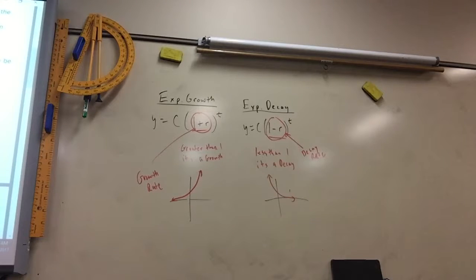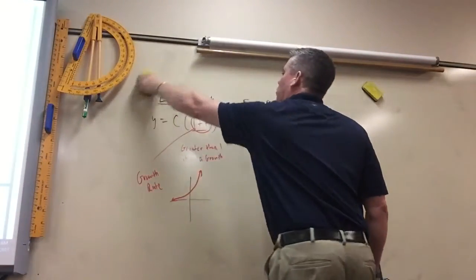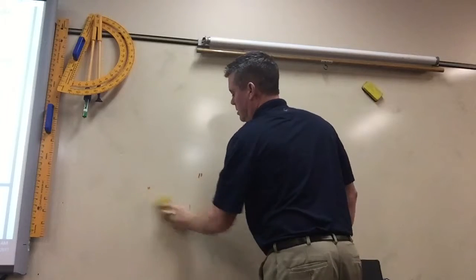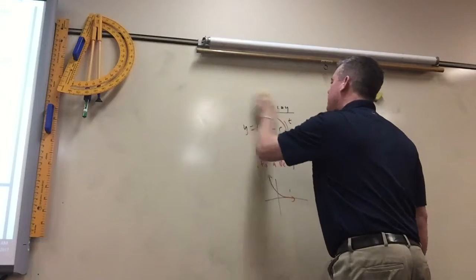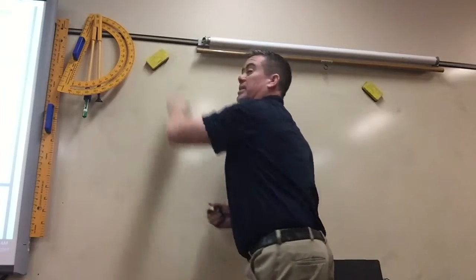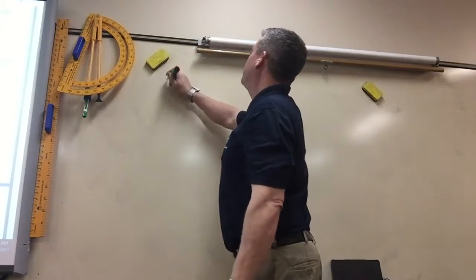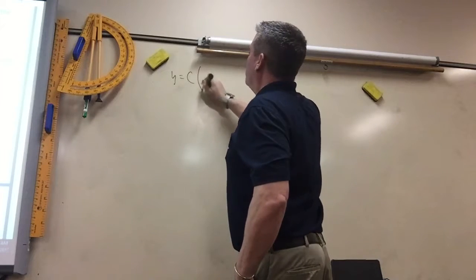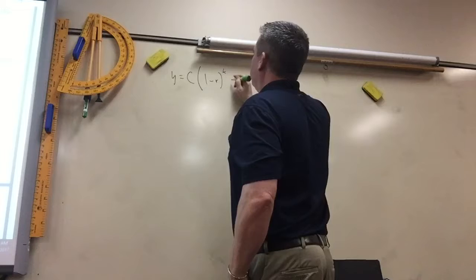Okay, so when we did the exponential growth, we had investing money and you'd make money. Exponential decay deals with depreciation. So remember the formula is the initial amount times 1 minus the rate to the t.